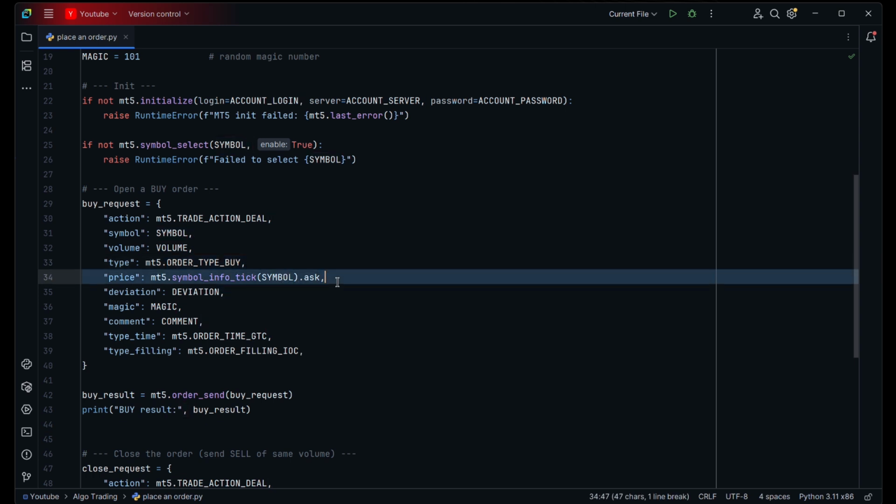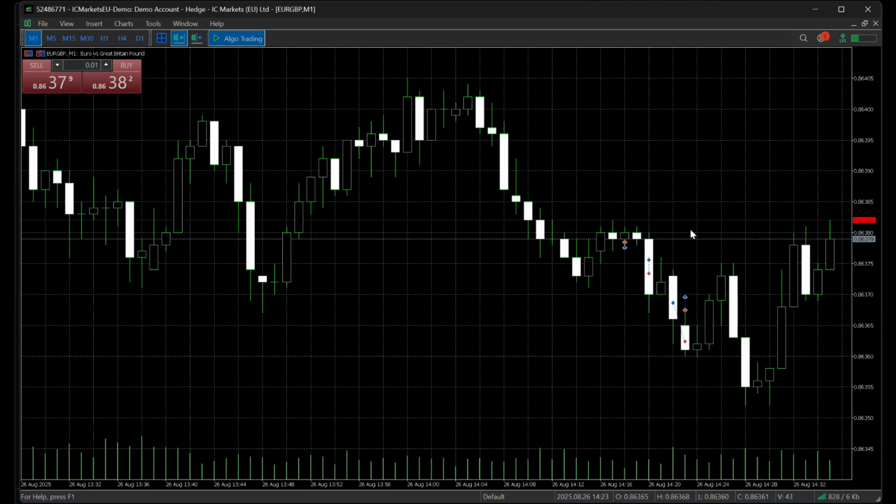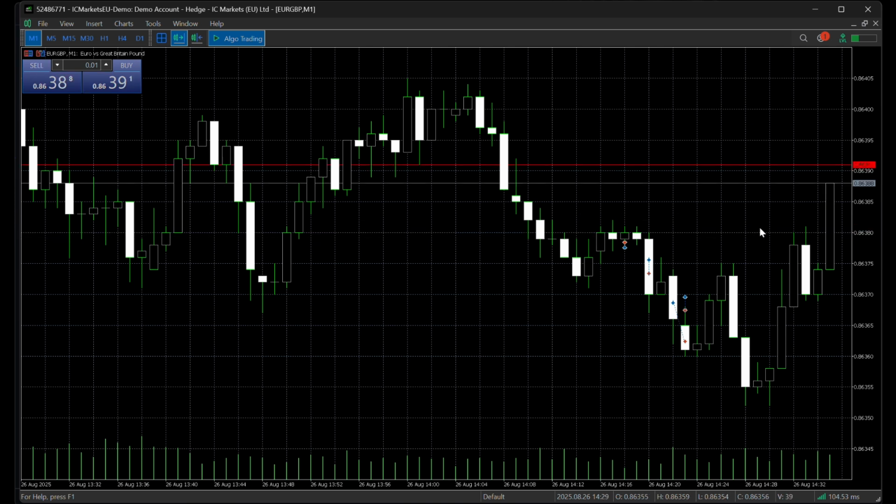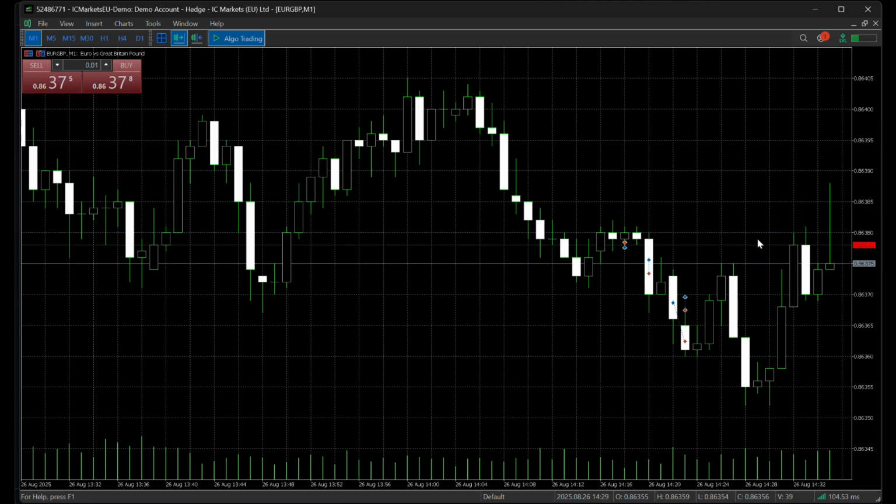Then here I ask MT5, at the moment I'm creating this request, for the ask price. The ask price is what you can see here, the red line. The gray line is the bid price. So this is a summary of a finance course. When you buy an asset, you buy it at the red line here, and when you sell it, at the gray line here.